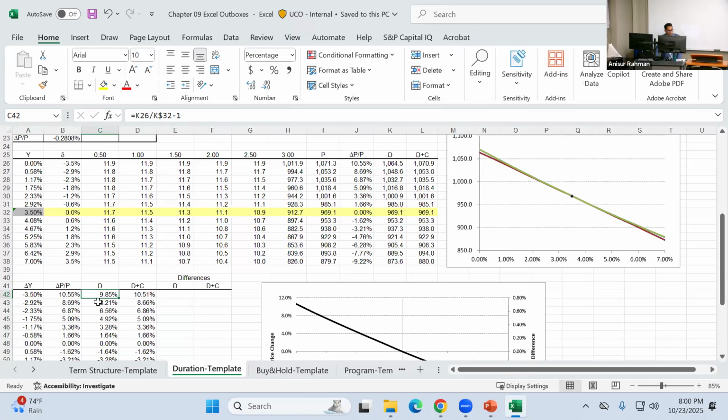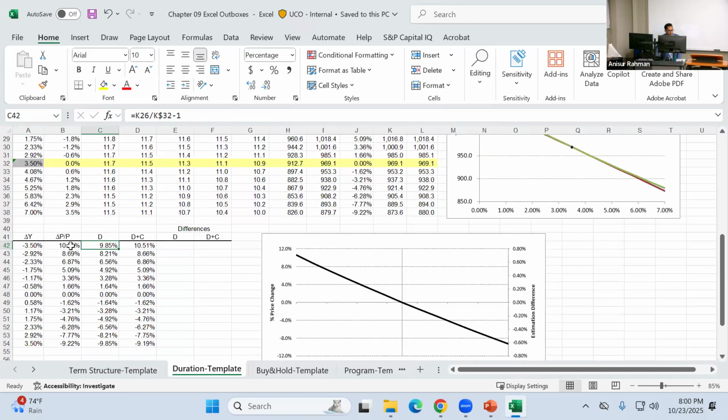So what that basically means, based on actual price changes, if there is a negative 3.5% change in the yield to maturity, you expect a 10.55% increase in bond price.